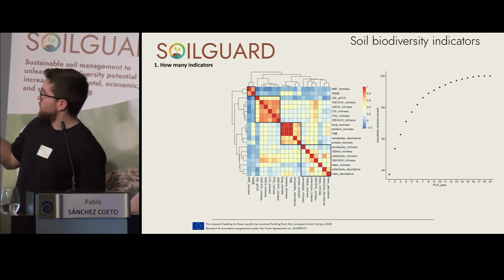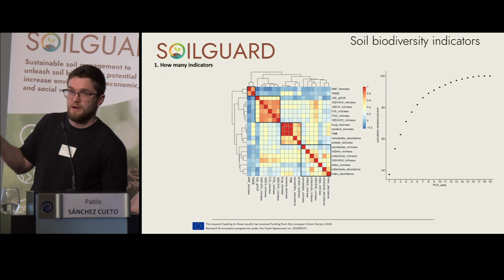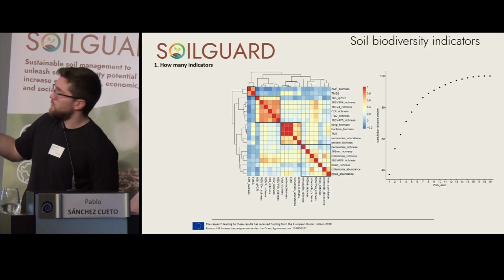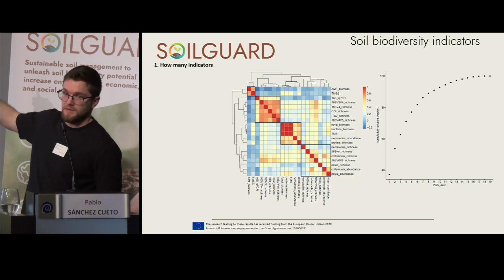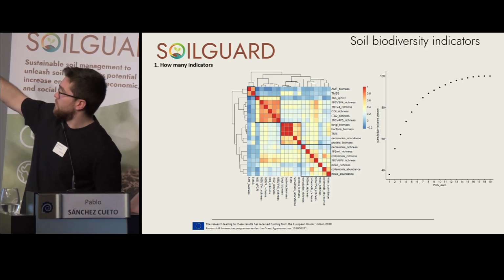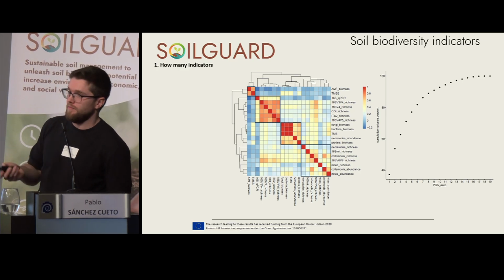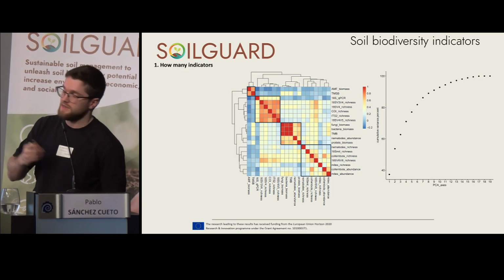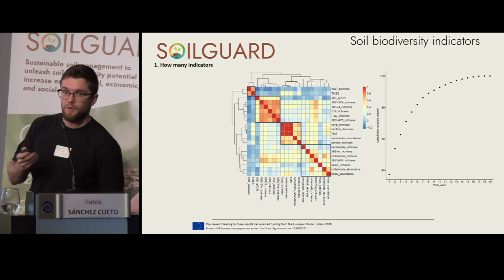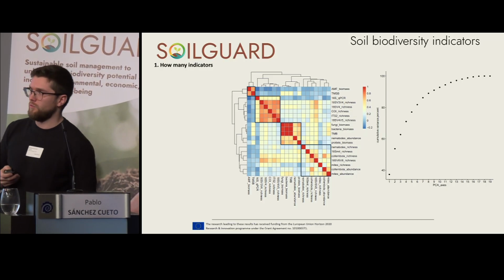At first sight, we can see that if we would like to have 100% of information from this soil biodiversity, we will have to measure almost all the metrics that we assess, where the curve reaches the plateau.